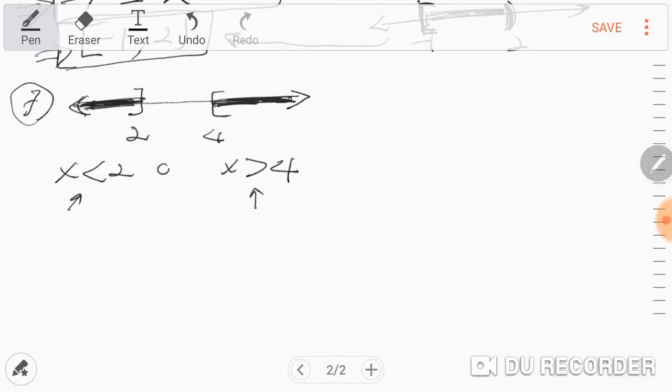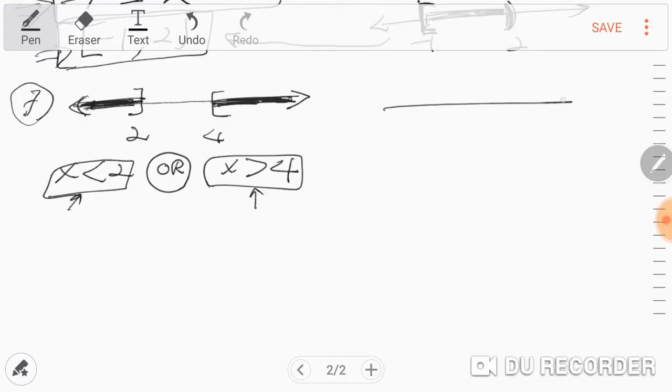So we can use the conjunction or. Instead of and, we have to use or. So x can be in this interval or in this interval. Then it is the solution. So we use or, not and.